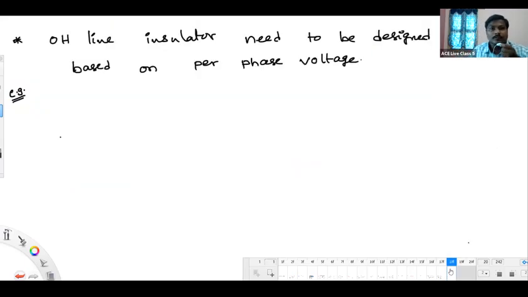Look. Now, I am taking one specific example here to explain voltage and insulation level selection. I am taking one transformer, star delta. Have a look at this. It's a primary side.